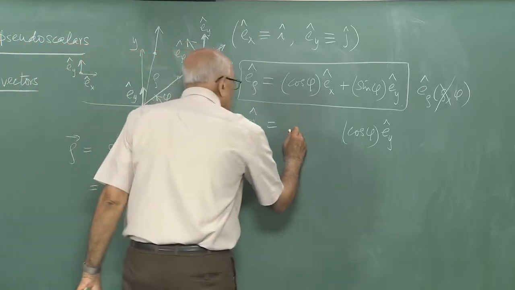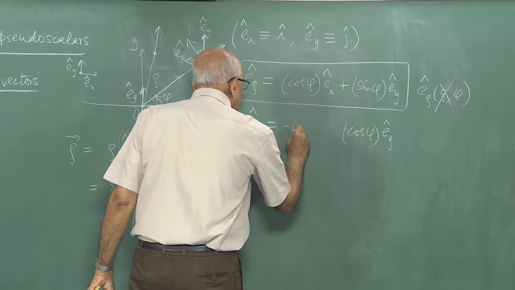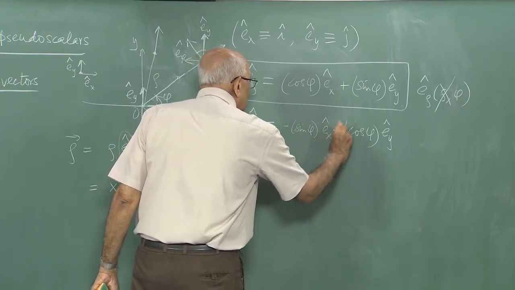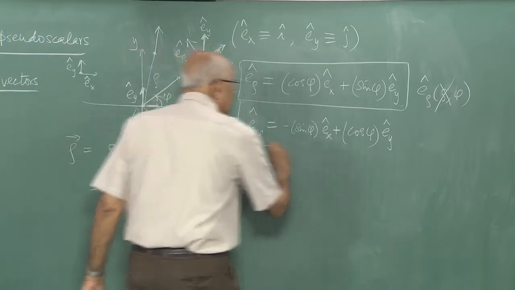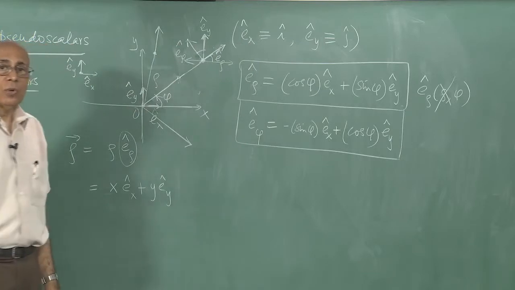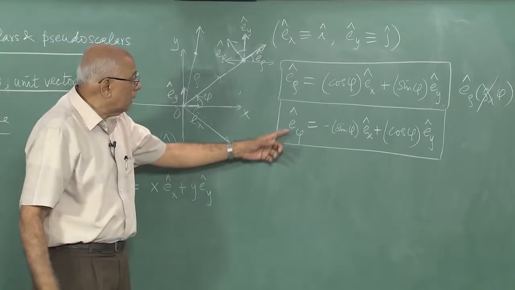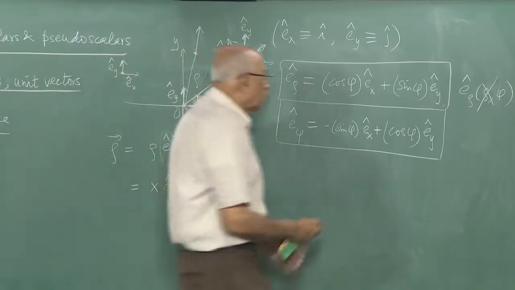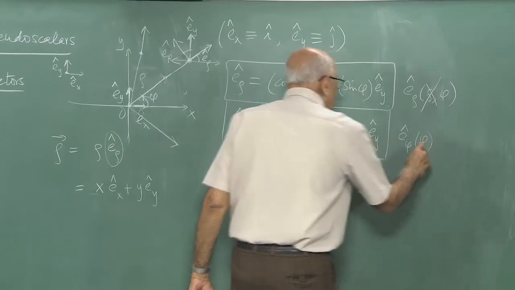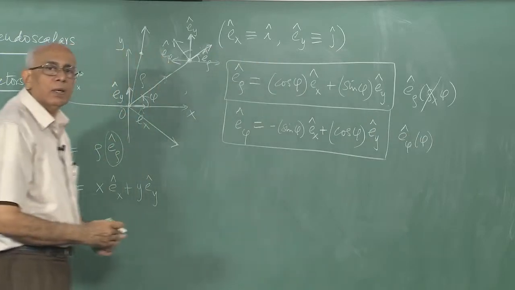So the rest of this formula is minus sin phi times Ex plus cos phi times Ey. Again, as before, it is immediately clear that E phi also is a function only of phi, does not have rho dependence in it at all.